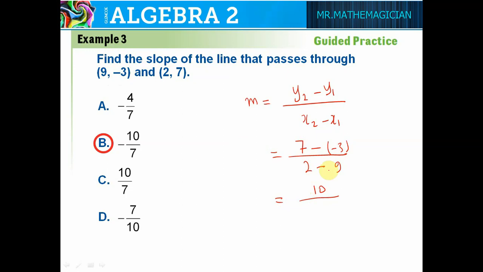The rule says m equals y2 minus y1 over x2 minus x1, equals y2 is 7 minus y1 is -3, so minus -3, over x2 is 2 minus x1 is 9. So now in the numerator, minus negative means plus, so 7 plus 3 is 10, and 2 minus 9 is -7, and 10 over -7 is like -10 over 7. That's why it's B.